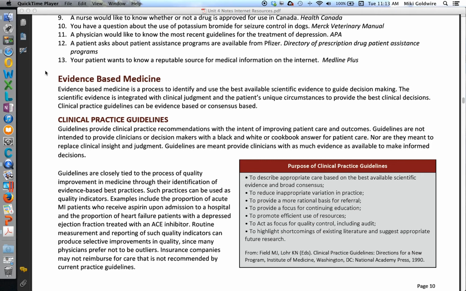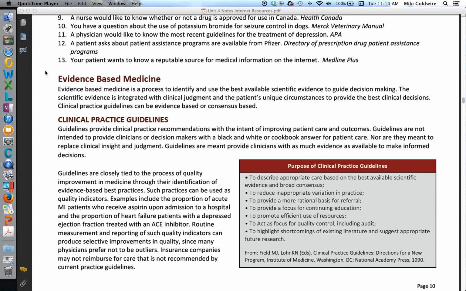Routine measurement and reporting of such quality indicators can produce selective improvements in quality, since many physicians prefer not to be outliers. Insurance companies may not reimburse for care that is not recommended by current practice guidelines.